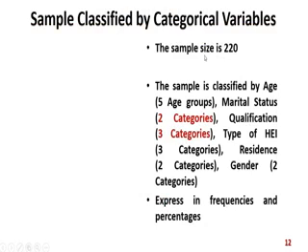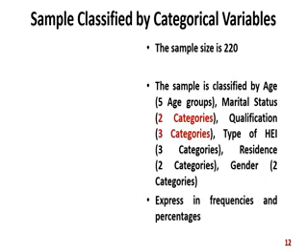Now let us look at these cases. When we perform a study, we select a sample. The sample can be classified in a number of ways by different variables: age groups, marital status, qualification, type of higher educational institution with 3 categories, residence with 2 categories, gender with 2 categories.